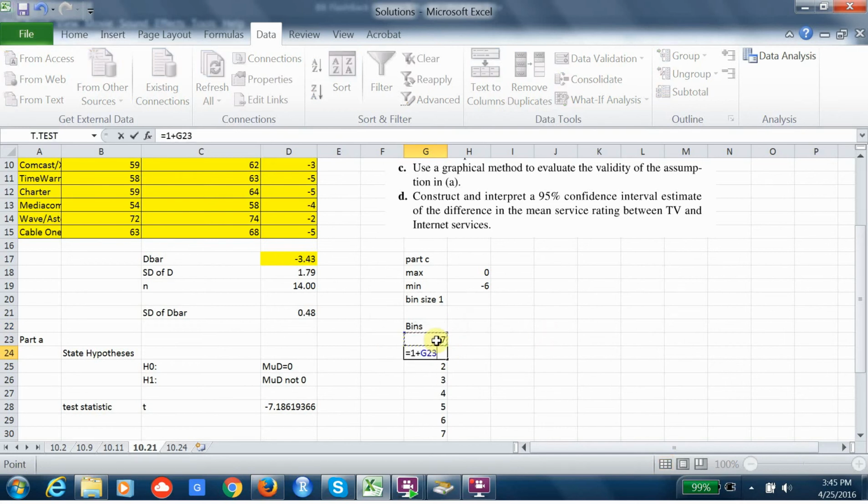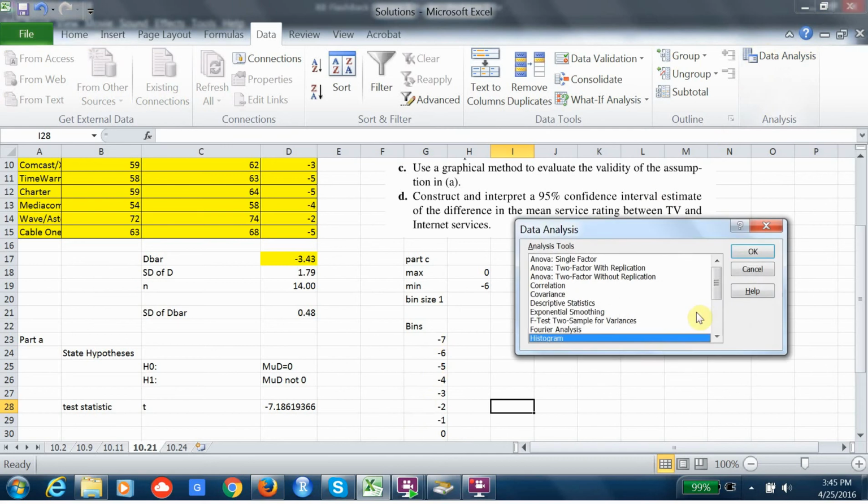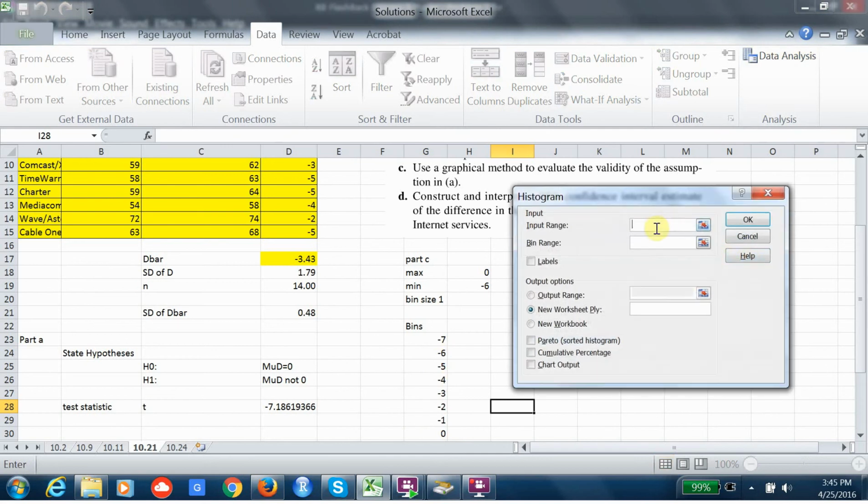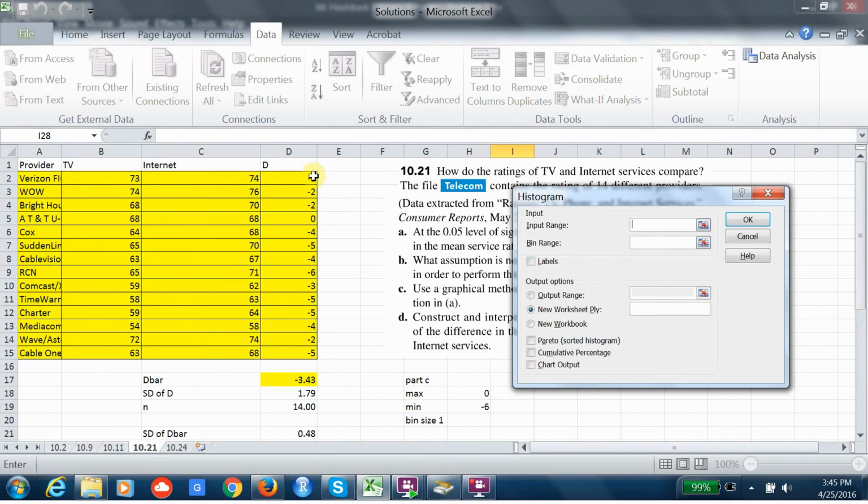Let's do it again. The input range will be the same, but it erased it when I canceled.